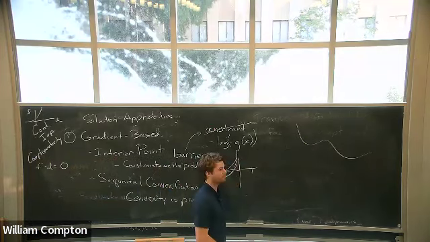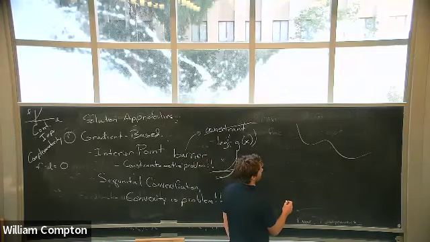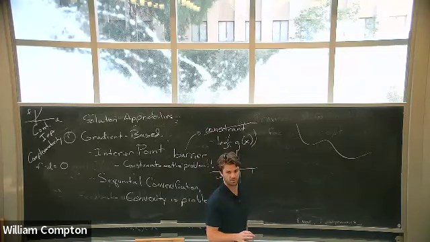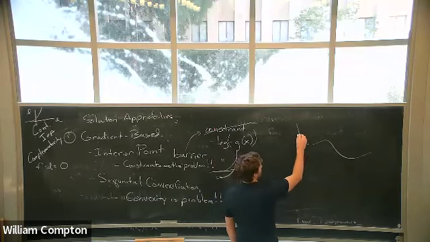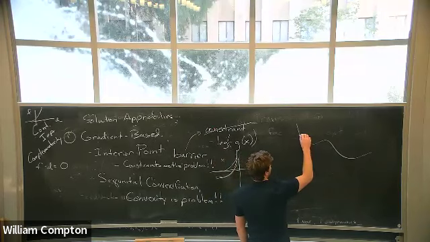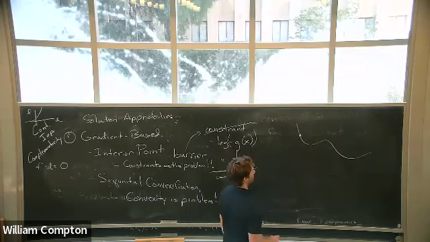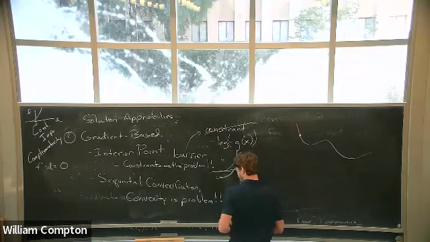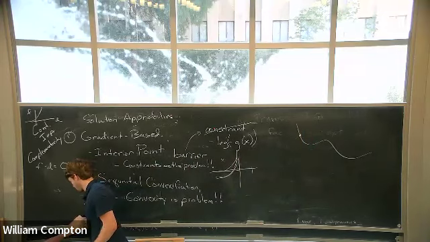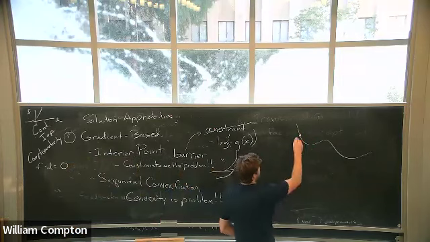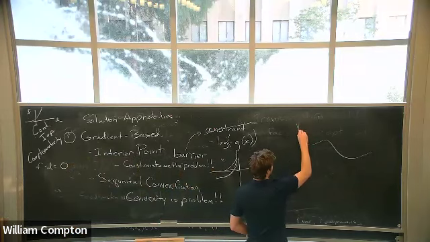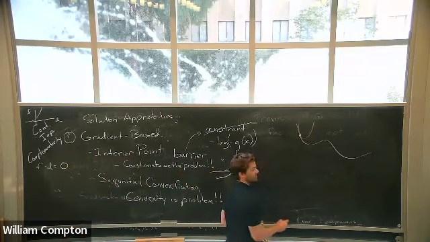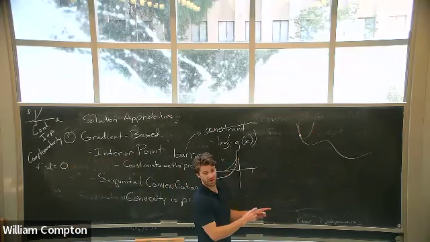This is the function I'm trying to optimize. I'm not going to draw constraints because it's complicated for a 1D problem, but let's say that my initial guess is here. If I take a quadratic approximation of my objective function, the quadratic approximation looks like that. So I solve that.